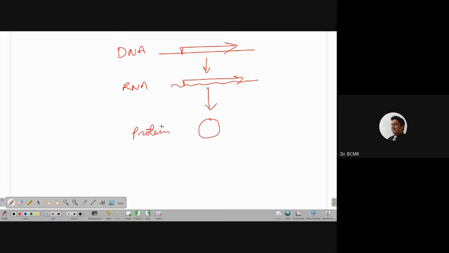And we have discussed Southern blotting in the previous class, which is to analyze if there is a particular sequence within a given DNA sample. The objective is whether gene X is present in a given DNA sample or not.